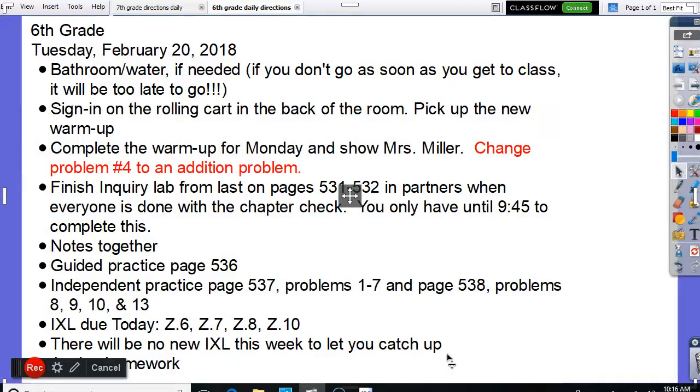Independent practice problems, page 537, problems 1 through 7. Page 538, problems 8, 9, 10, and 13. It looks like you get to skip 11 and 12. Skip 11 and 12, and you can go ahead and get started. If you have a question, come see me.